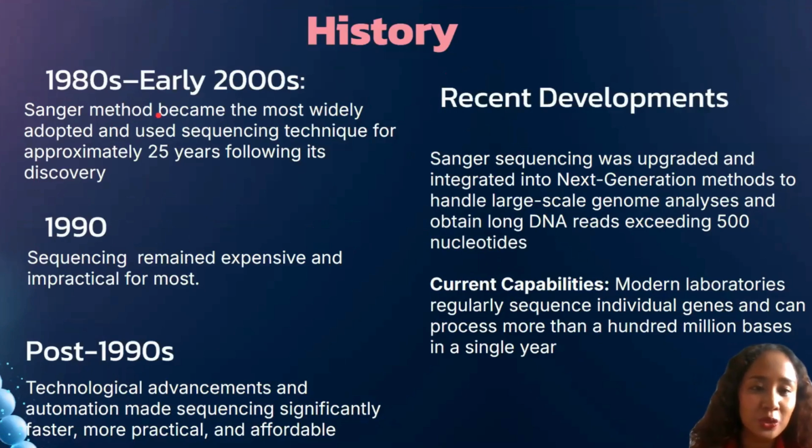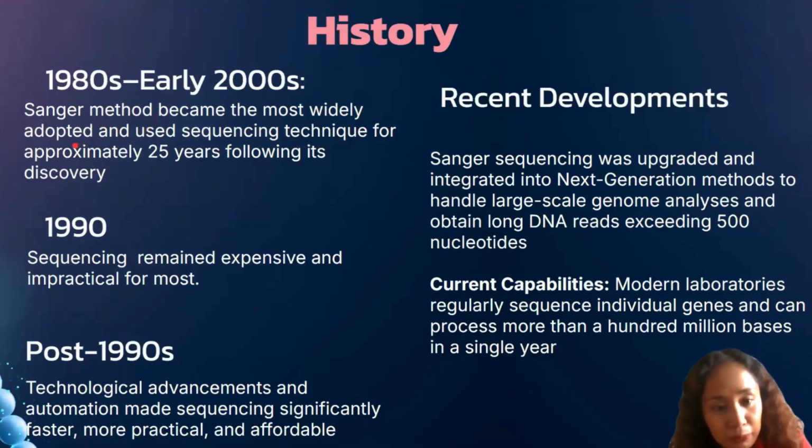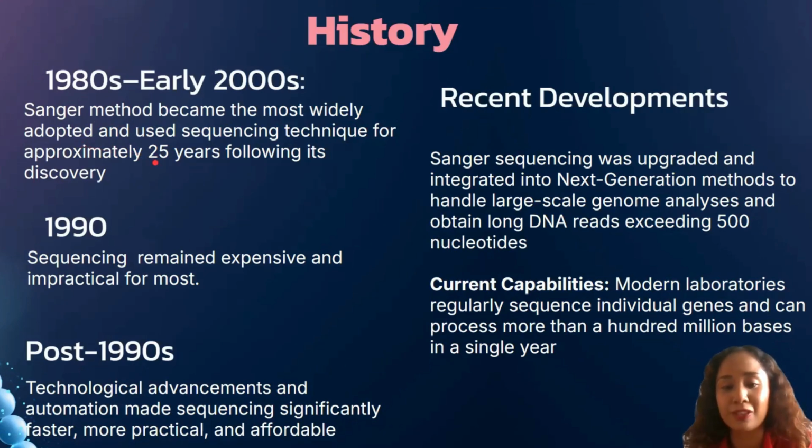In the 1980s to early 2000s, the Sanger method became widely adopted and was used for approximately 25 years. What's great about the Sanger method is you can automate it, so it has been part of modern next generation sequencing methods. We have to know the basics first so that we can understand further how the next generation sequencing method works.